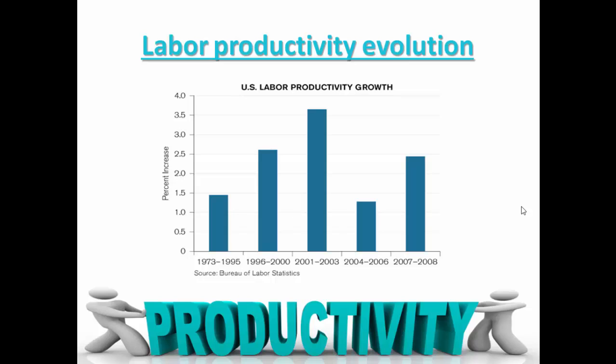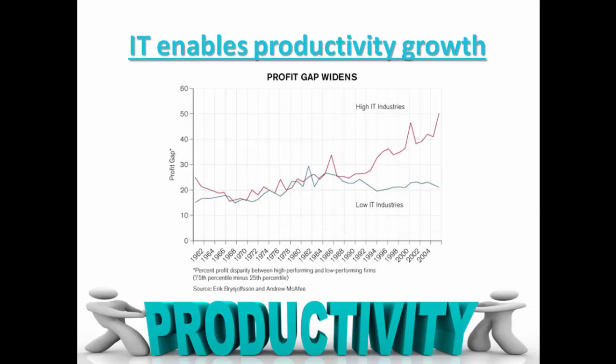But later on, the market started expanding and labor productivity again started growing. Another reason for the decline can be attributed to a drop in IT investment from 2001 through 2003.